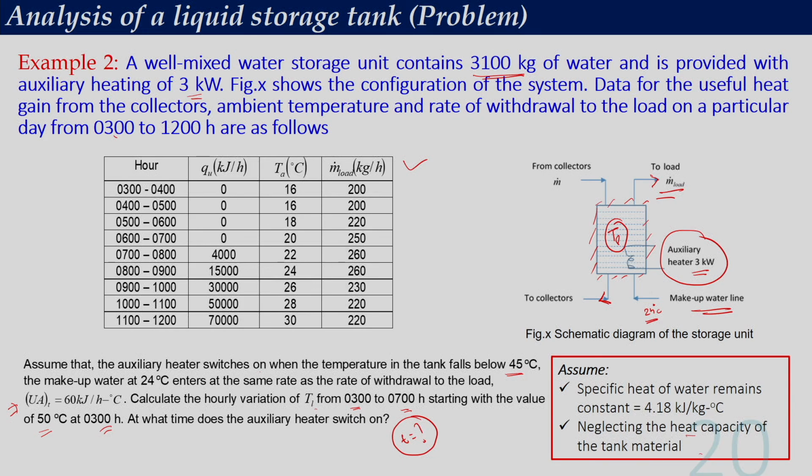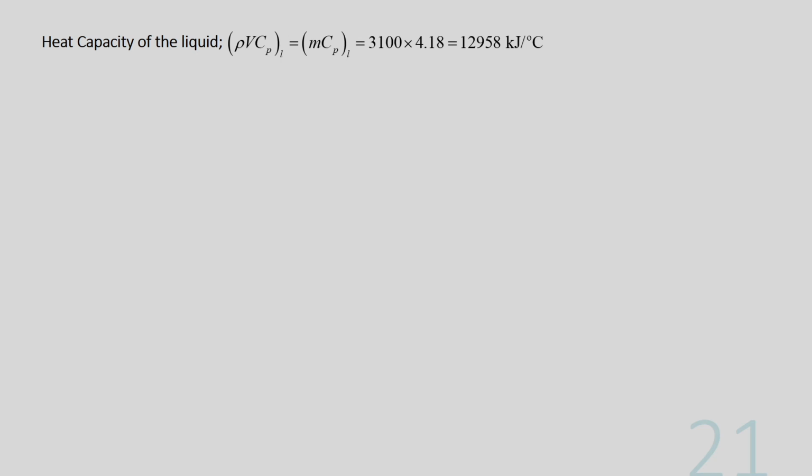Now, in this case the heat capacity of the liquid can be calculated by rho V C_p, which is equal to m into C_p because rho into V is nothing but mass. Since mass is known to us, rho into V is equal to mass is considered in this problem.